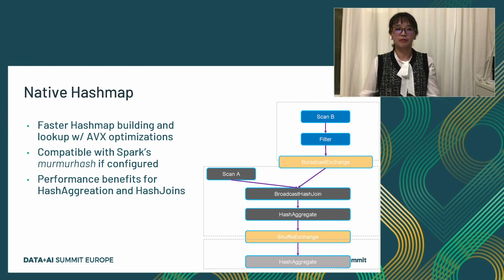This kind of hash map will be used in hash partitioning and broadcast hash join. Then we also implement another advanced hash algorithm using a 64-bit hash with a sparse layout.